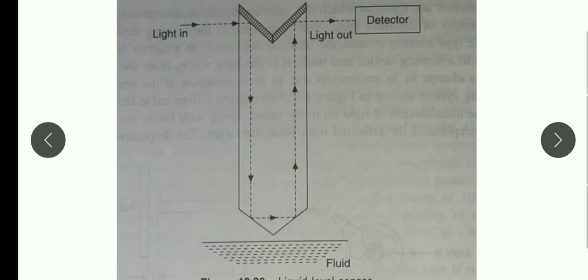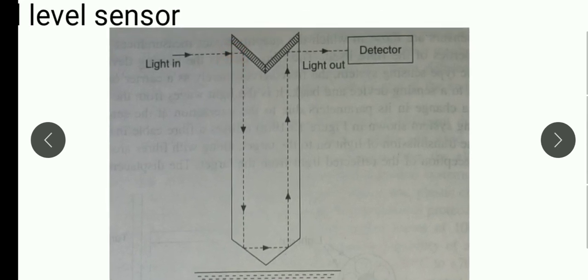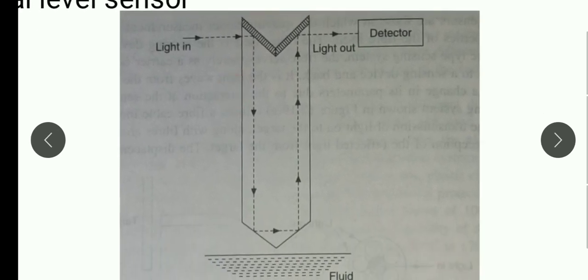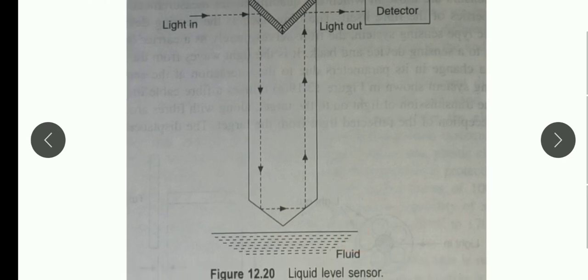This entire thing is the dipstick, and it has a conical end in the shape of a cone. It is placed near the surface of the fluid whose level we are going to measure. Here we are monitoring the liquid level to actuate, say, a switch.